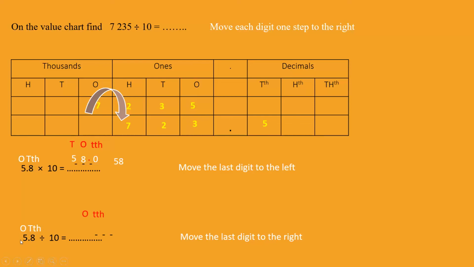So 5 will jump here, to the place of tenths, right? Can I leave this place empty? No, put 0 in place of 5. Then move 8 to the next door, which is hundredths. Yes. So it will be 0.58.